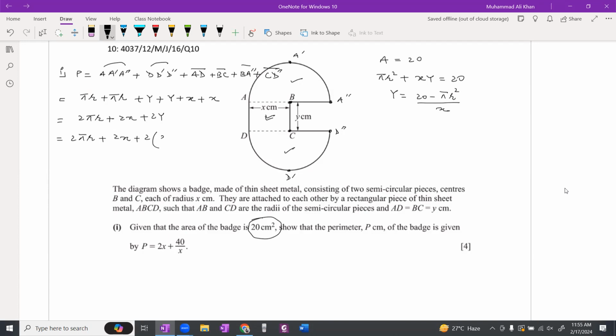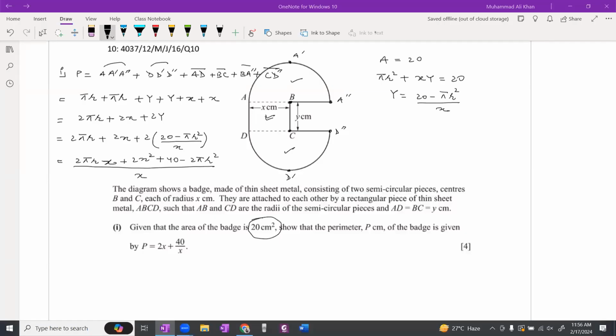At the place of y, we have to write 20 minus pi r square over x. Any confusion? Hopefully, no. It will be 2 pi r plus, if I take the LCM, 2 pi r x plus 2x square plus 40 minus 2 pi r square divided by x. Any confusion up to this? Hopefully, no.